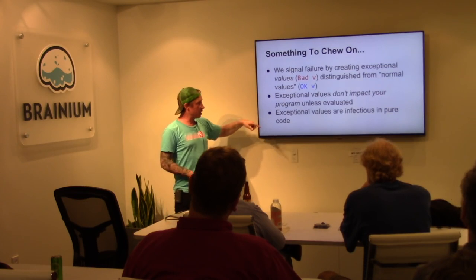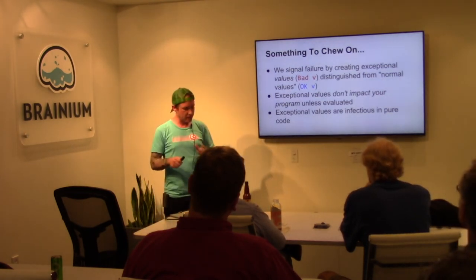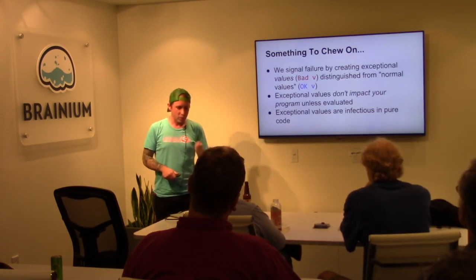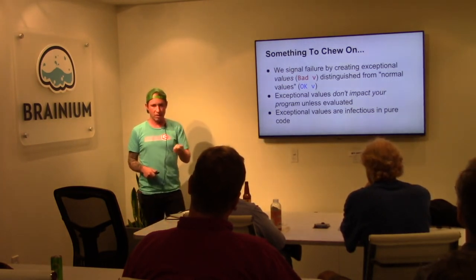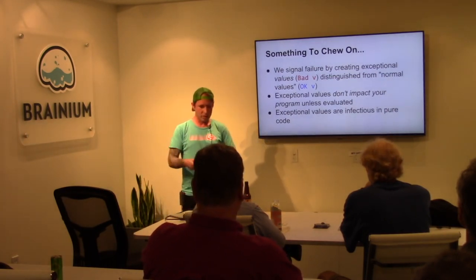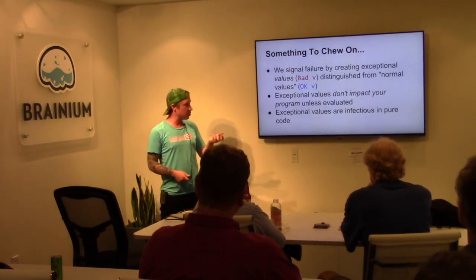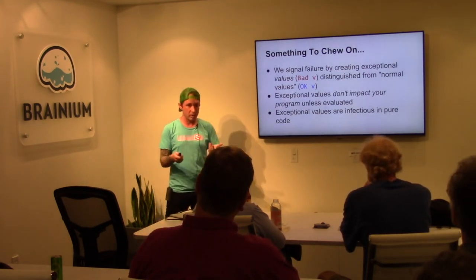Something to think about before I go on to the next slide. In Haskell, and I haven't really thought exactly how to explain this, we signal failure by creating exceptional values. The paper distinguishes between normal values and exceptional values. It's important to note that these exceptional values don't actually impact your program unless they're evaluated, right?